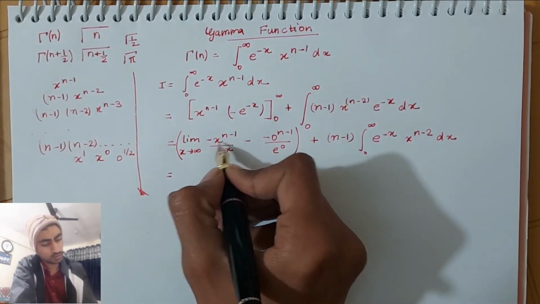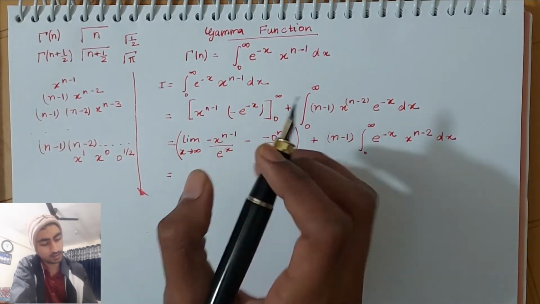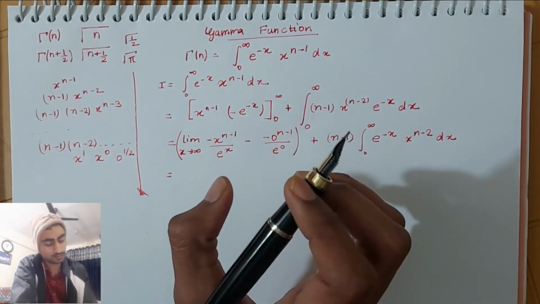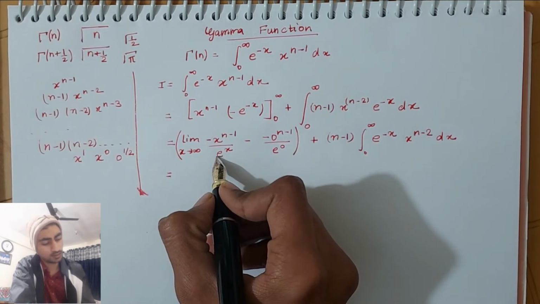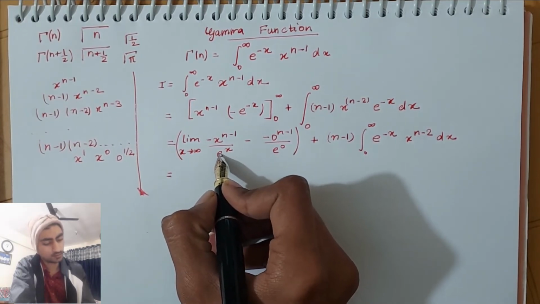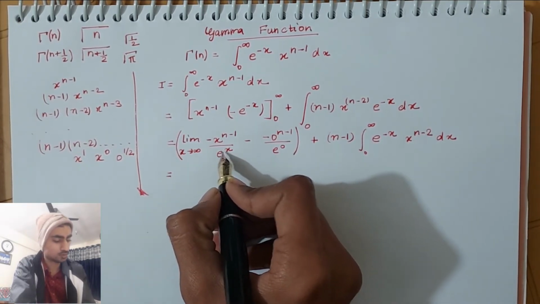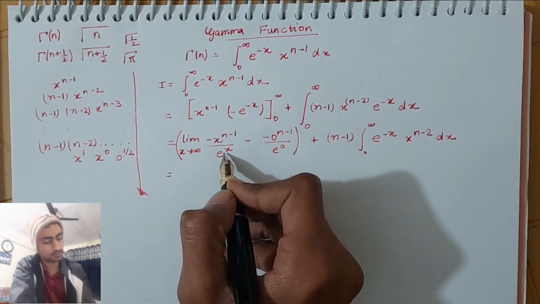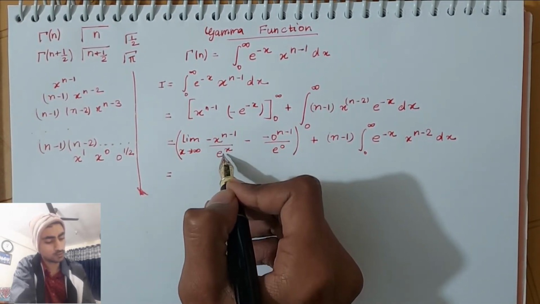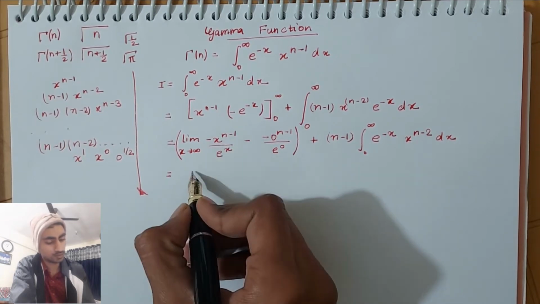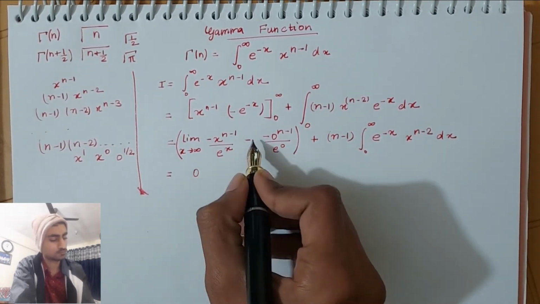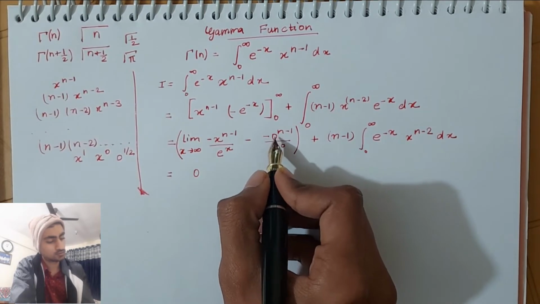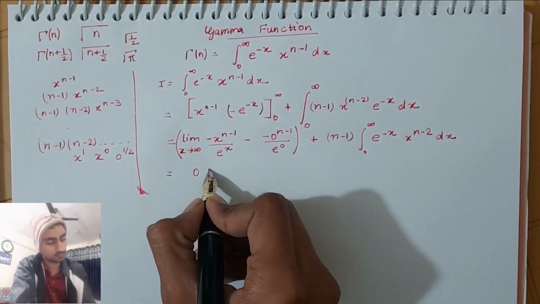So if you continuously differentiate, it will at the end become finite. But if we differentiate e to the power x successively, it is never going to change, so it will remain infinity. A finite number divided by infinity is 0. So it will give us 0 minus 0, since there is 0.